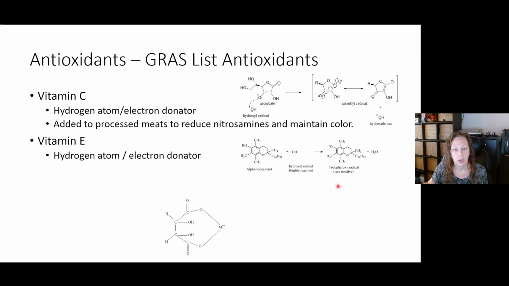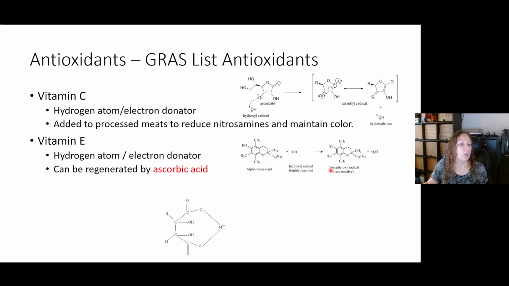And then the vitamin E becomes a tocopheroxy radical. So it has that missing electron here. It's an unpaired electron here, but again is less reactive than this hydroxyl radical, and so it's less likely to cause any further damage along the line.